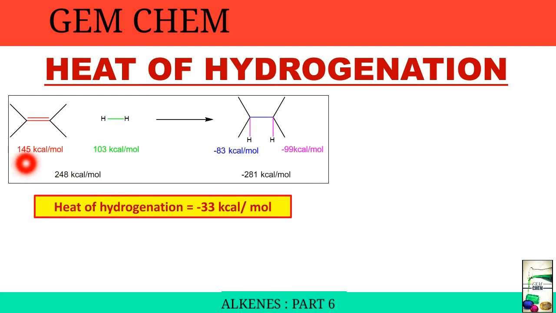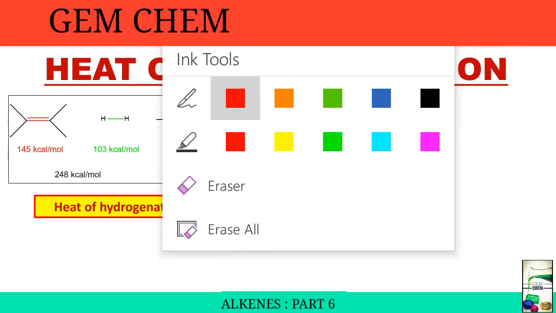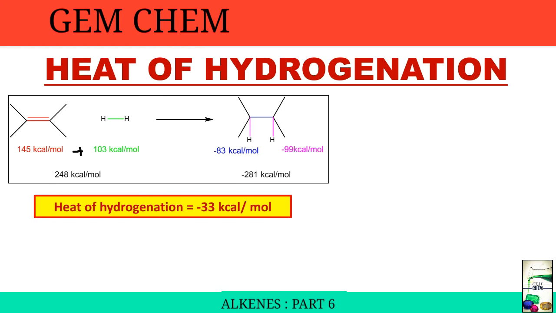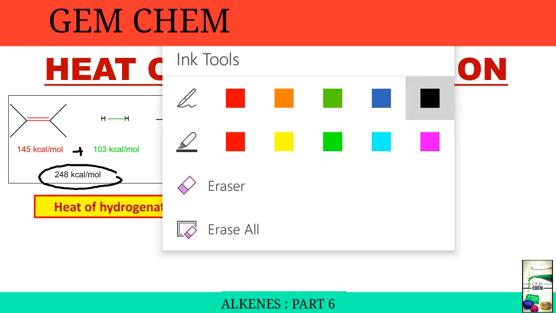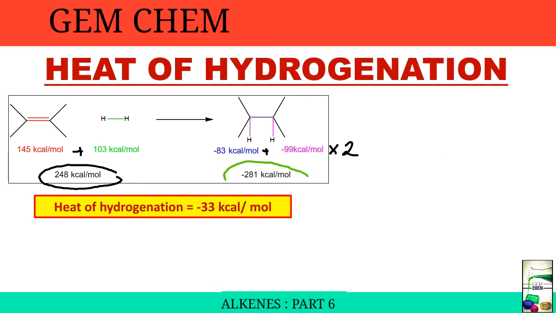Now we see the total energy. 145 plus 103 gives 248 kilocalorie per mole. Similarly for the product, it is minus 83 kilocalorie per mole plus minus 99 into 2, because there are 2 carbon-hydrogen bonds formed, and ultimately we get the value minus 281 kilocalorie per mole.